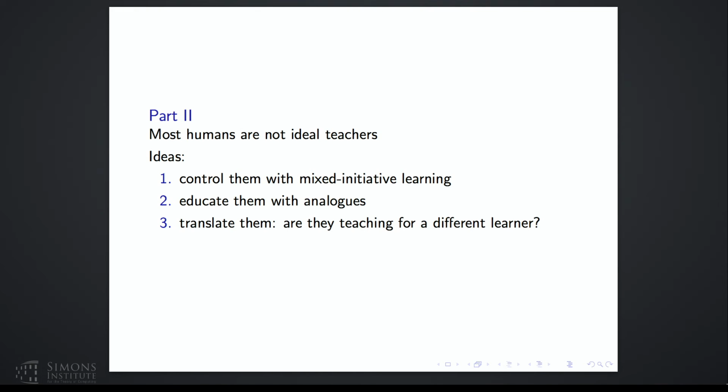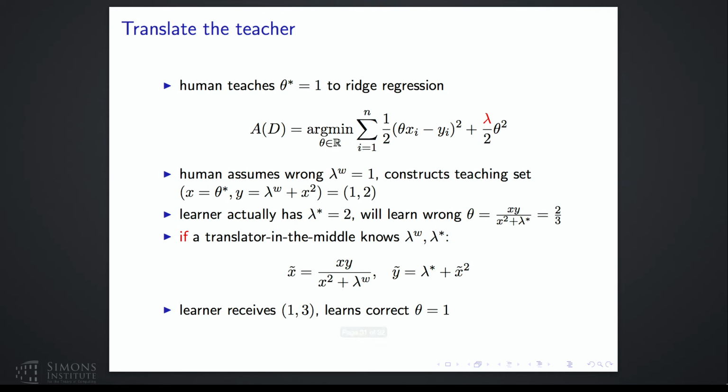I'm just going to show you a super simple example so we know what it is about. Again, this is the one-dimensional linear regression, ridge regression task. So here the student does regularized least squares. Importantly, the regularization strength lambda is a property of the student.